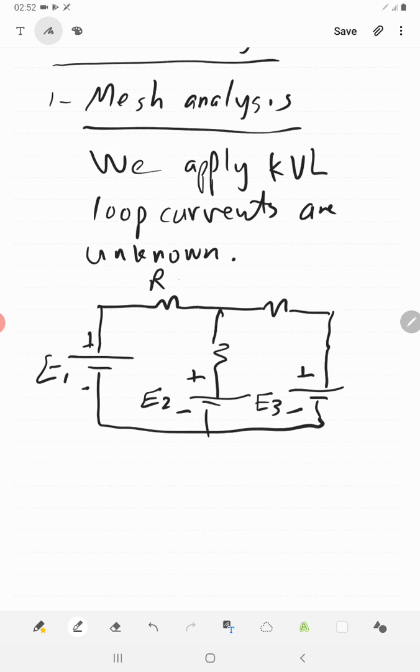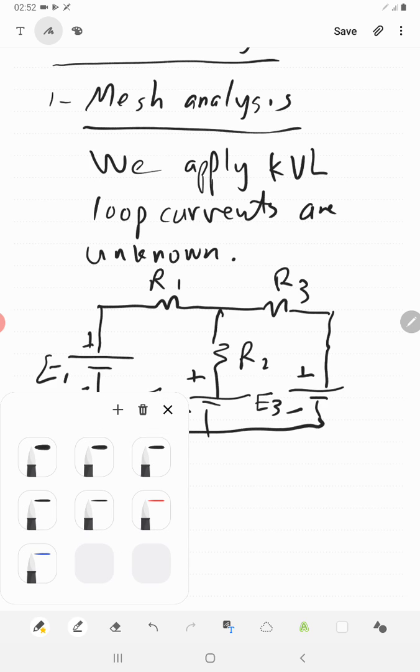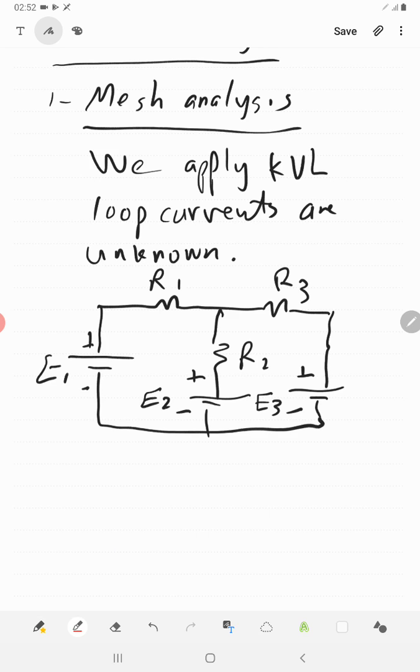Say we have R1 here, R2 here, and R3 here. If we look at this circuit, we have two loops. This is loop, let's call it I1, and this loop, let's call it I2.